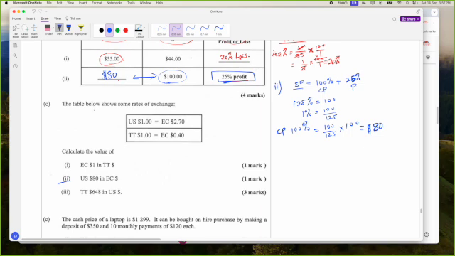The table below shows some rates of exchange. 1 US is 2.7 EC, 1 TT is 0.4 EC. Calculate the value of 1 EC in TT dollars.